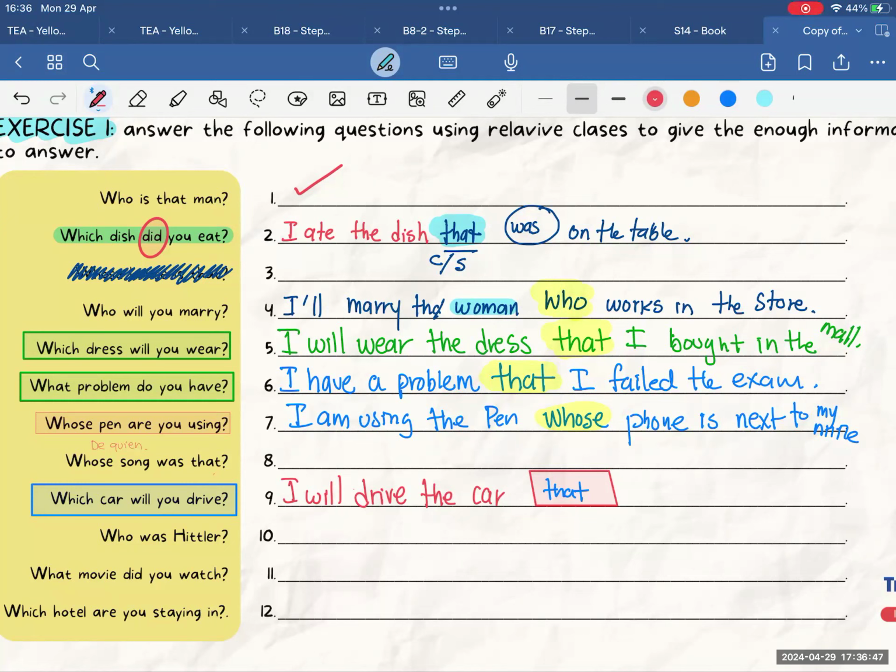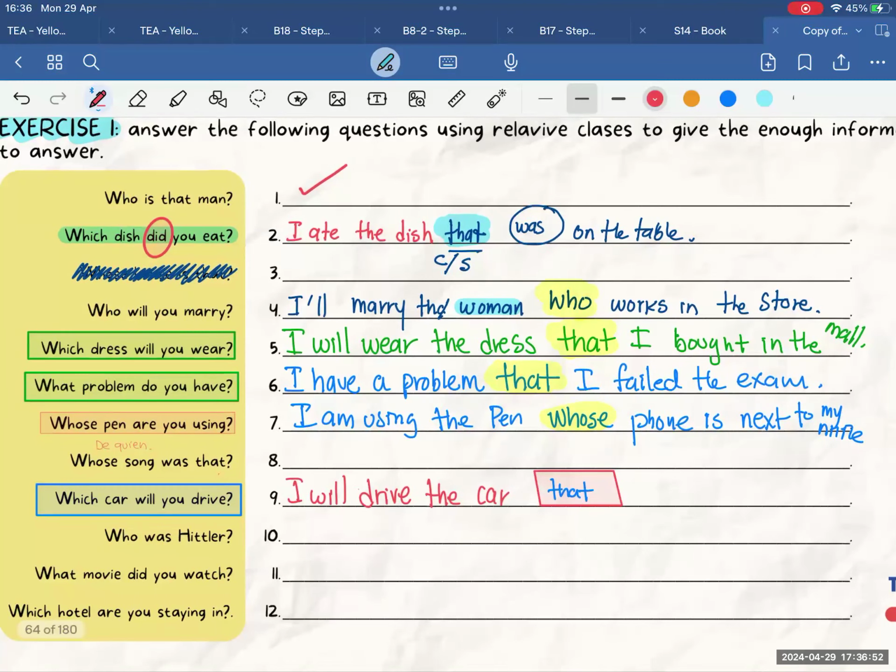I bought. That, okay, very good. That I bought in past.